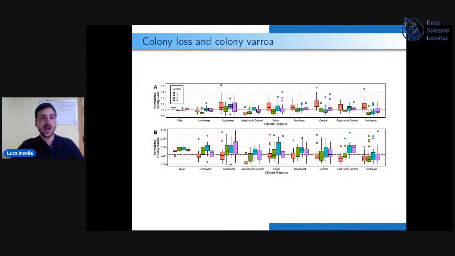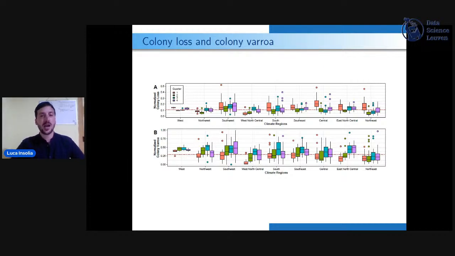If we now decompose this pattern across different regions, we can see in the top panel that colony loss usually follows a stable pattern across the years, with higher and more variable losses during the first quarter. Then the losses are lowest and less dispersed during the second quarter, and then they tend to increase again during the third and fourth quarters.